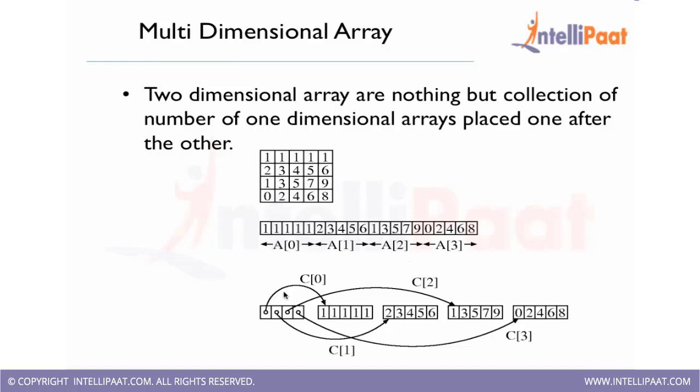Similarly, how can we refer to the addresses of these? a of 0 will be the starting address of the first row, a of 1 will be the start address of the second row, a of 2 the start address of the third row, and a of 3 the start address of the fourth row. This is how we can refer to a two-dimensional array from the pointers perspective.